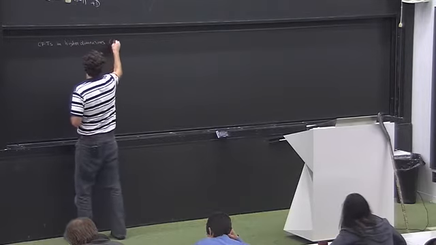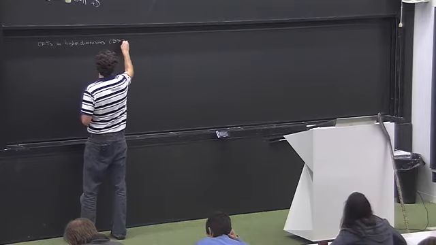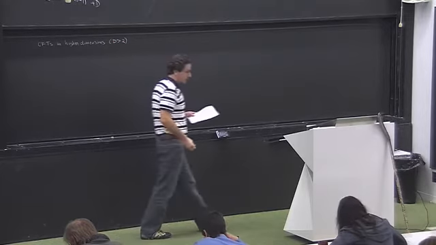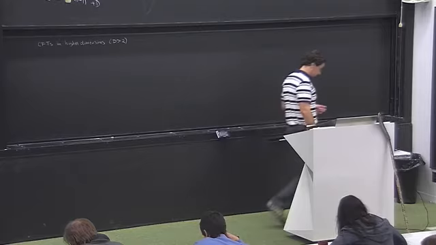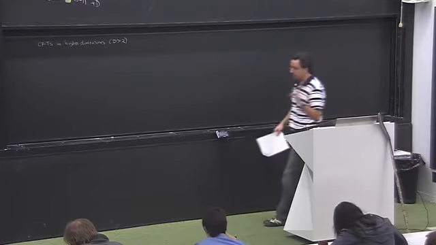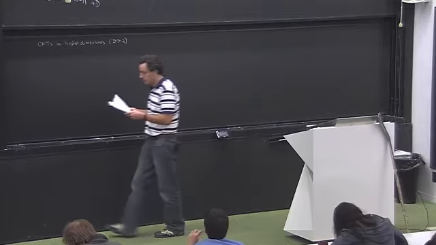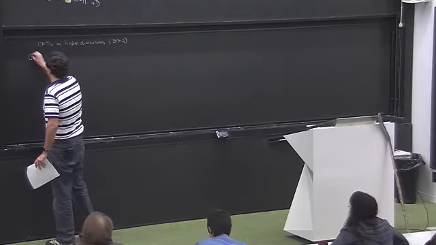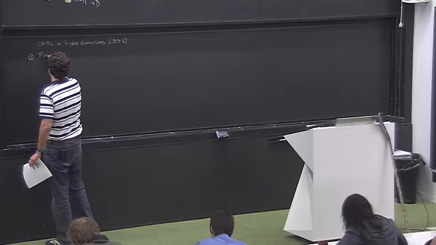By higher dimensions, I mean d bigger than 2. We will see that d equals 2 is, in some sense, the home of conformal field theories, for the reasons that I explained in the first 2 lectures and that I will remind you of a bit later. The first examples that we had are the free field theories.